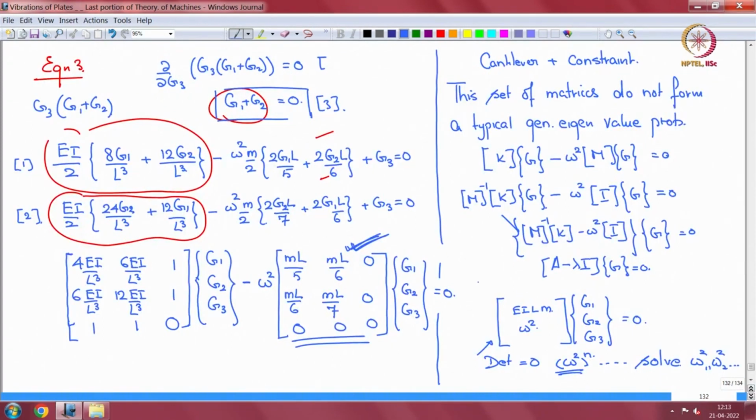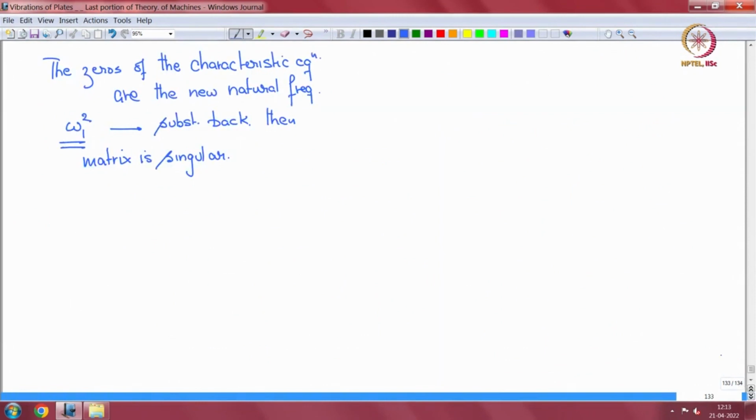The combination of this matrix is now singular, and you have G1, G2, G3. Once the matrix is singular, not all of G1, G2, G3 need be 0. So you find G1, G2 and G3; at least one of them will be in terms of the others, not independent.